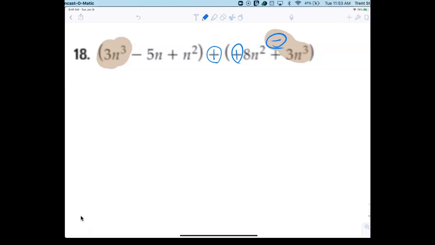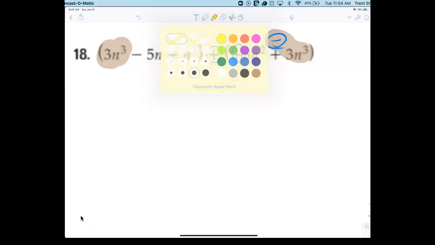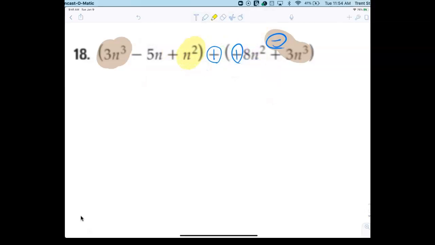If I put a negative here, what would I do? Change the signs. All right, so now continue on. What comes next? It'd be 9n squared, very good, and then just minus 5n. That's how simple. 9n squared minus 5n. Everybody feeling good about that? It's easy. I told you.